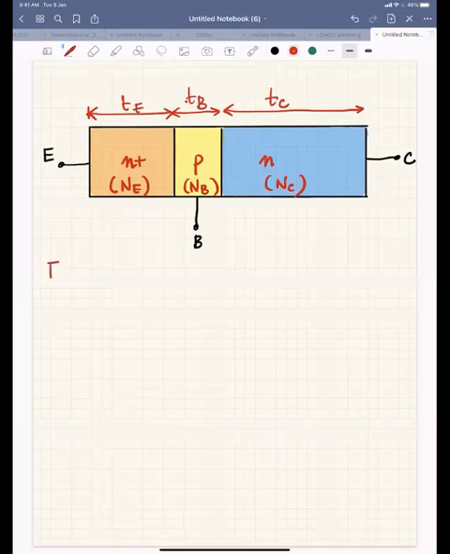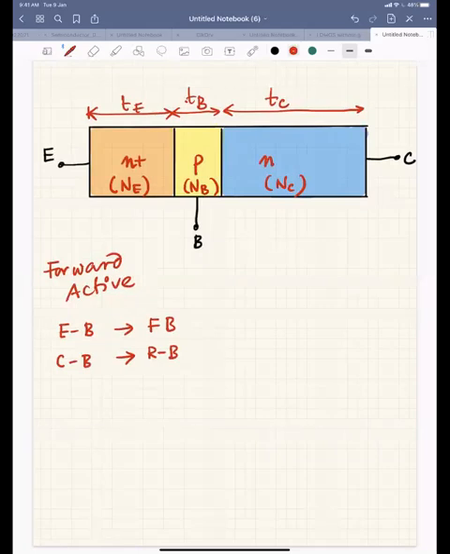So let's use the active mode. That means your emitter base junction is forward biased and your collector base junction is reverse biased.